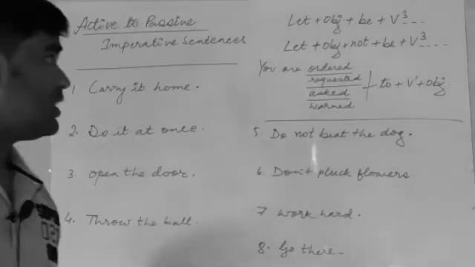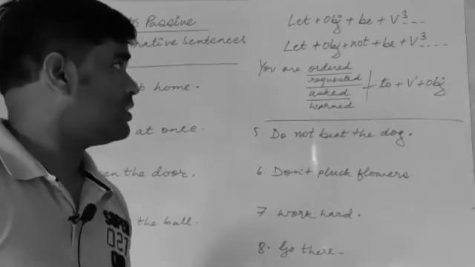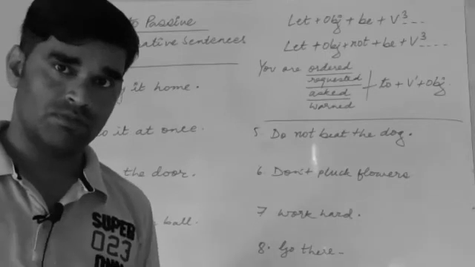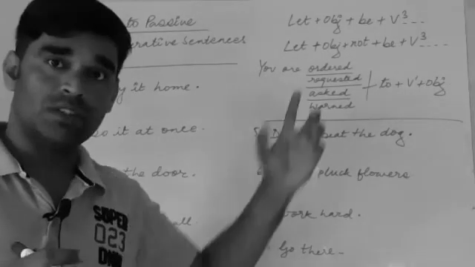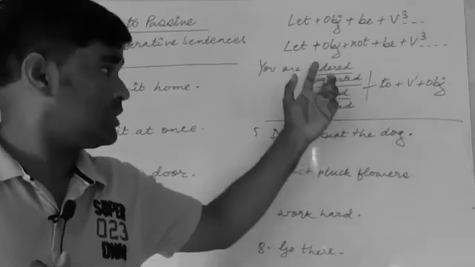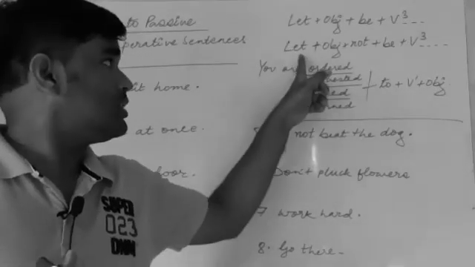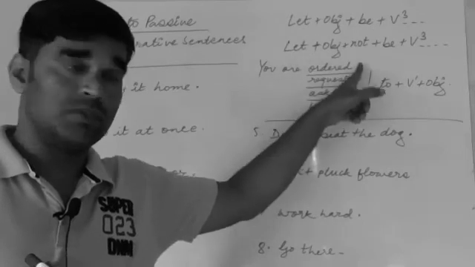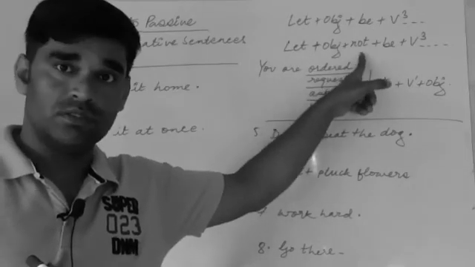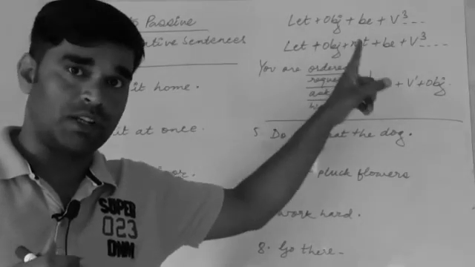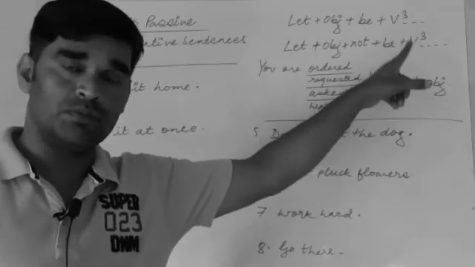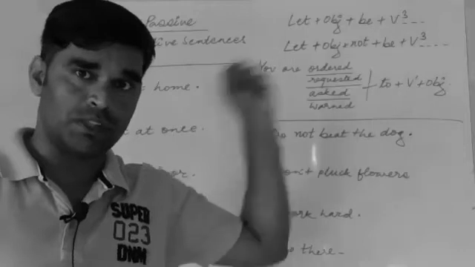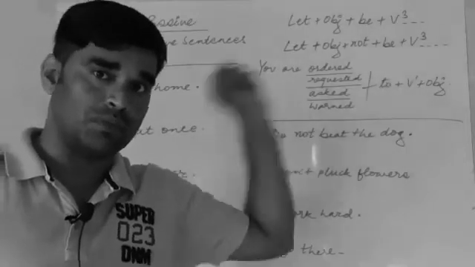In case we have negative imperative sentences, let plus subject and then not. After the subject we write not, then be, and then the third form, the past participle of the main verb.